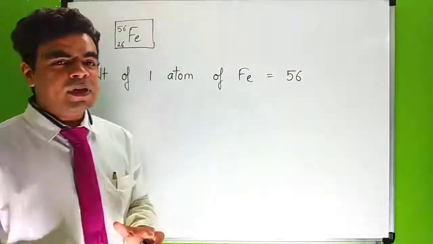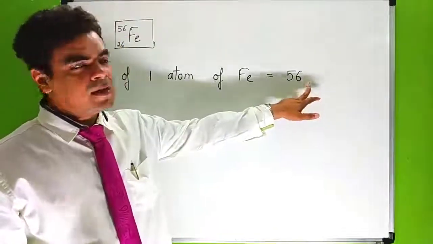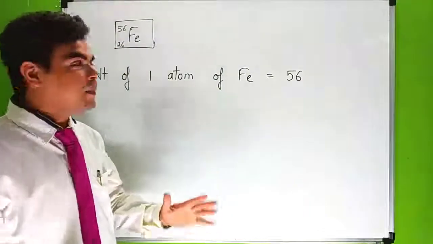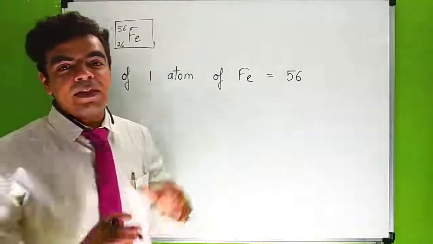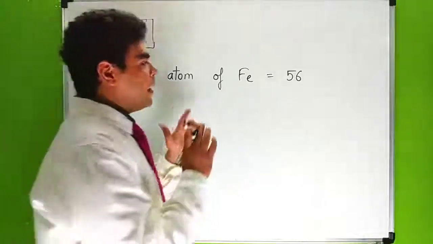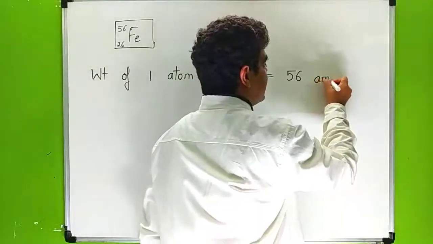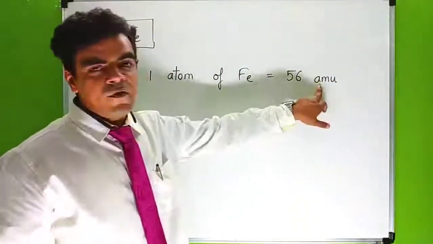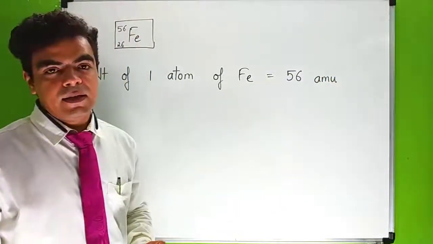A lot of students confuse the unit here. Many students state this unit as grams. That is not possible. One atom cannot weigh 56 grams. The weight of one atom of Fe is 56 AMU. So it's a unit of mass. It is called atomic mass unit.